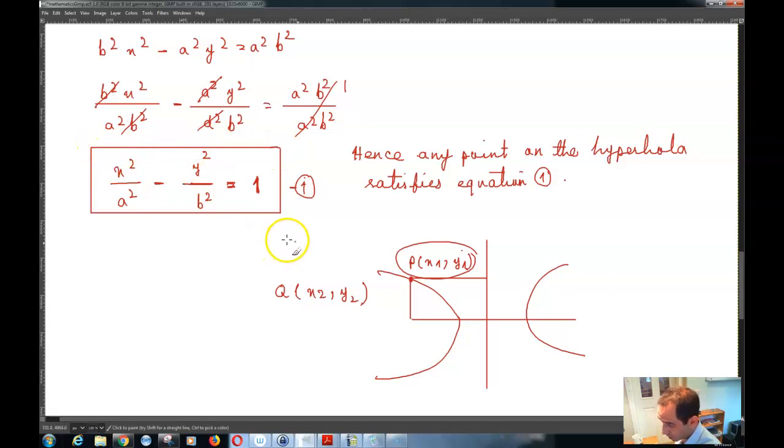So what I want to know now is, if any point satisfies this equation, is that point going to be on the parabola or not? So far we have shown that any point that is on the parabola is going to satisfy the equation. But now what I want to prove is that if any point satisfies this equation, is that point going to be on the parabola or not? Meaning that I want to know if the formula does that for me as well.